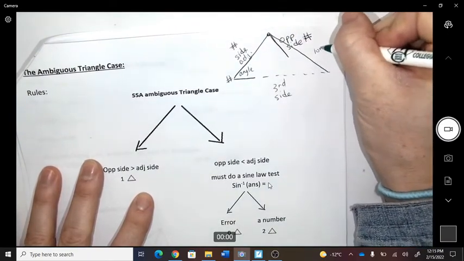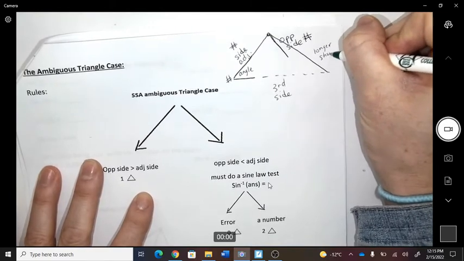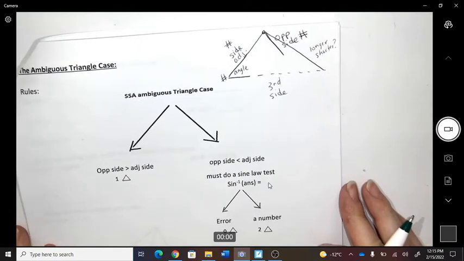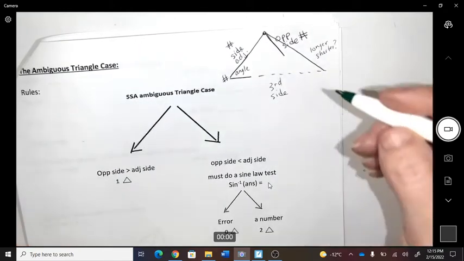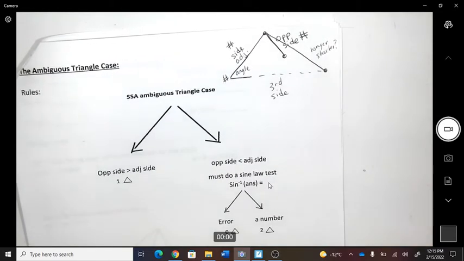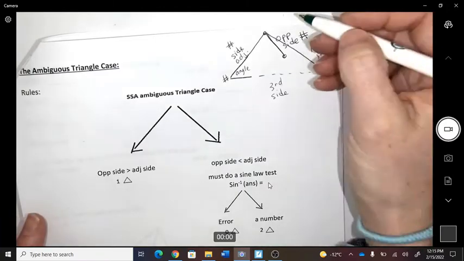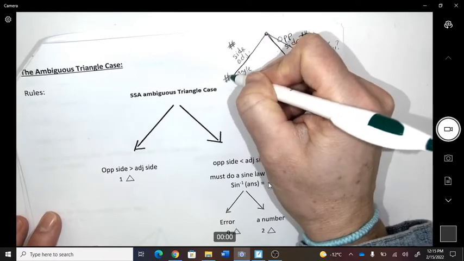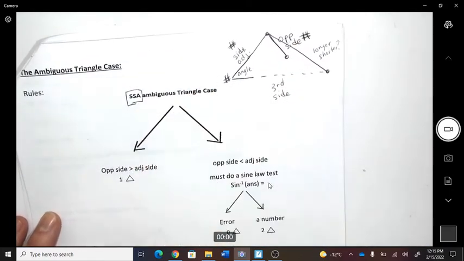Okay, longer, shorter. It's going to be a bunch of different situations. Okay, so this situation, do you see, because I gave you a side and then an angle, this is what I'm talking about there.